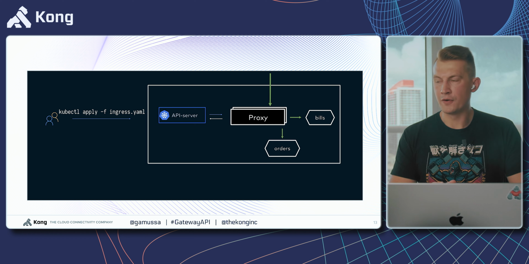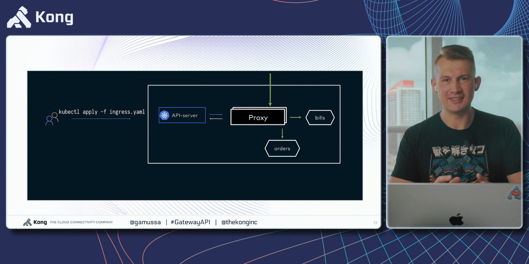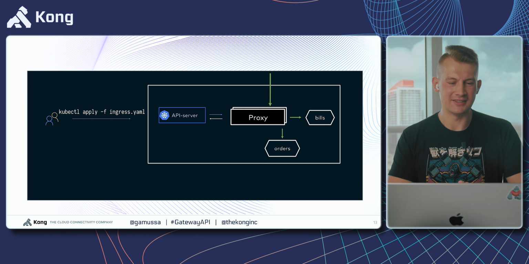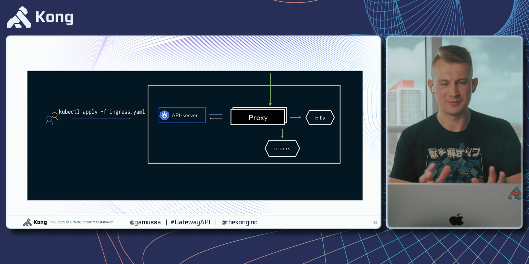So for many people, Gateway API might sound a little bit like API gateway, and they relate it that way. So the short answer is naming is hard in this world. In IT, we know that naming and cache invalidation are probably the hardest problems, but picking a good name is also a problem.